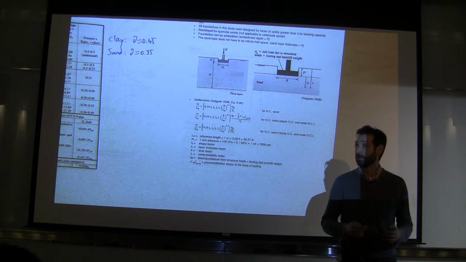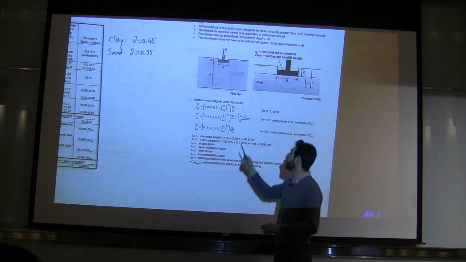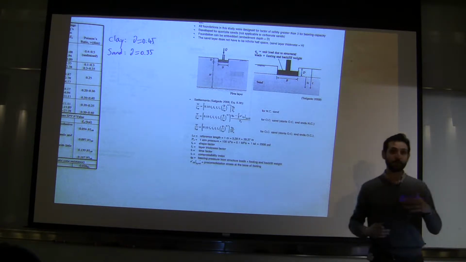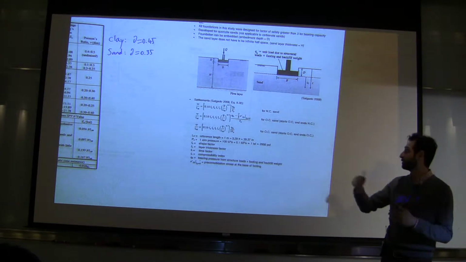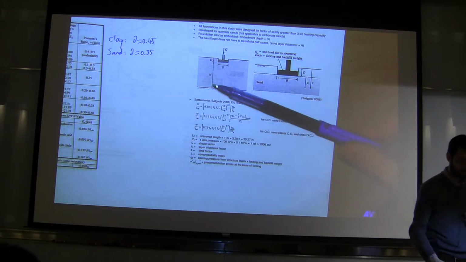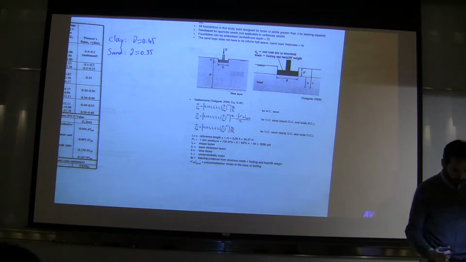You can have embedment D could be 0 or non-zero value. You can have H, so your bedrock does not have to be infinite. You can have a bedrock encountered at depth H. So it's a more practical case that we run into.